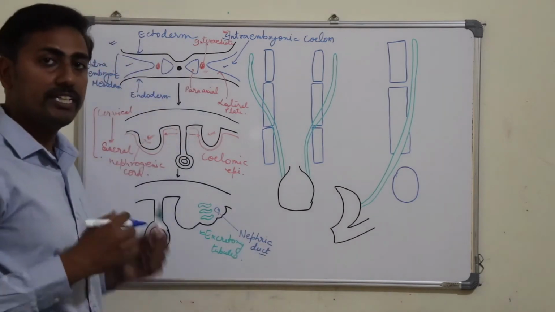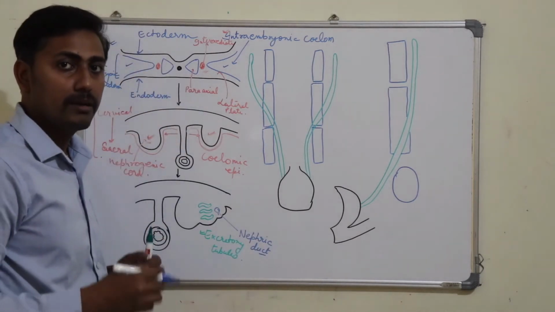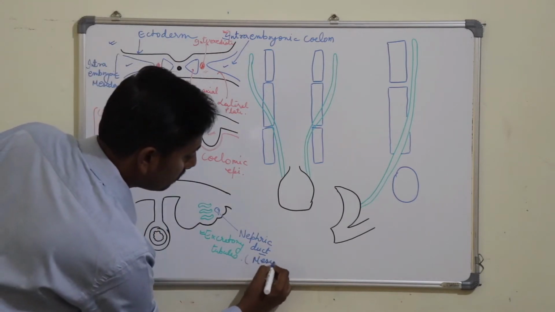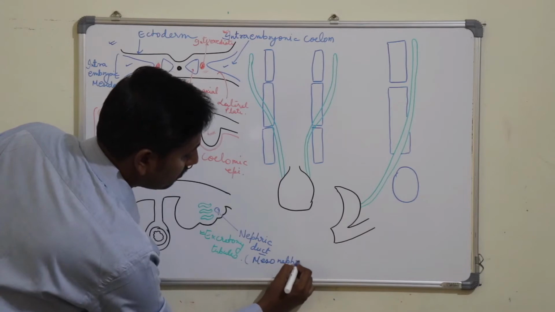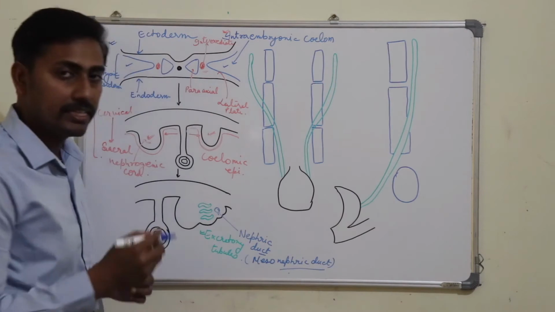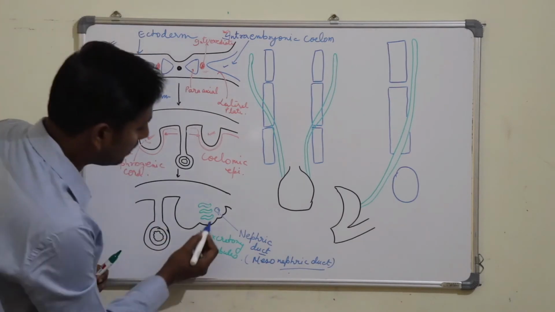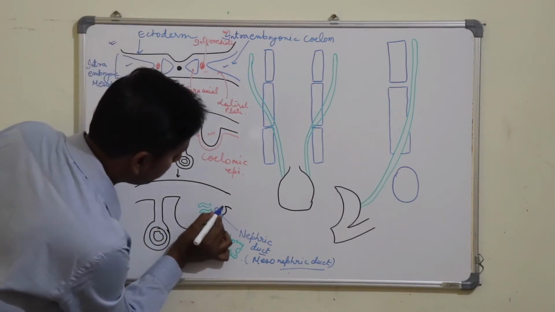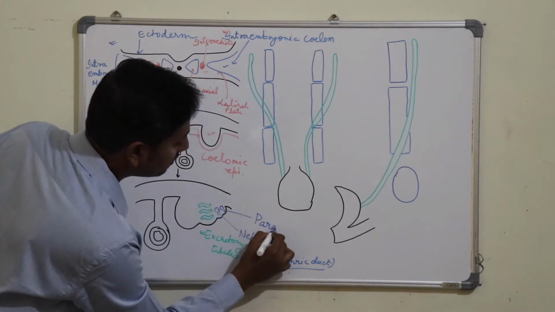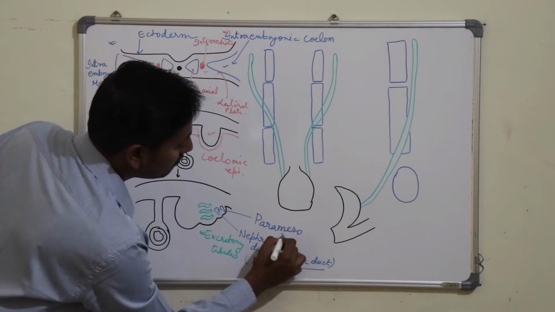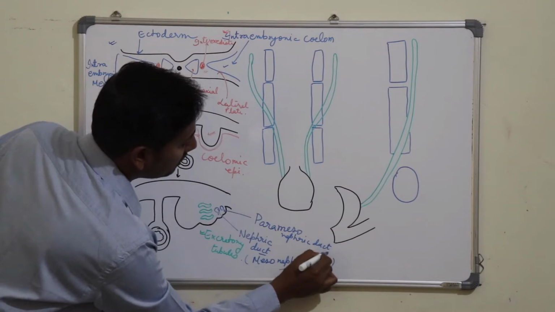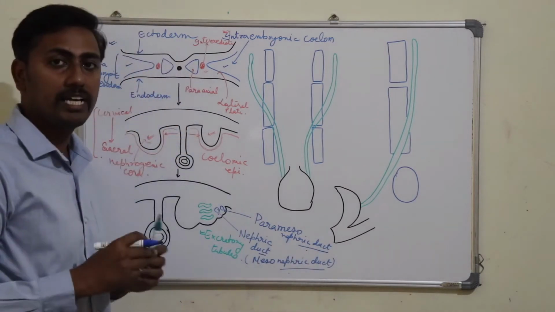In further development it will be called the mesonephric duct. Another duct is also formed just lateral to this nephric duct, known as the paramesonephric duct, which is related to the development of the female genital system.